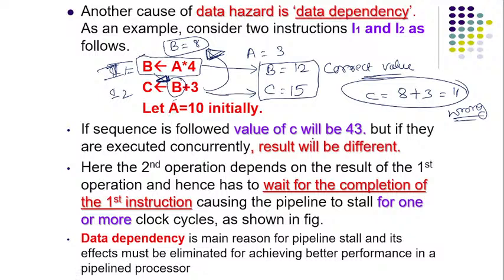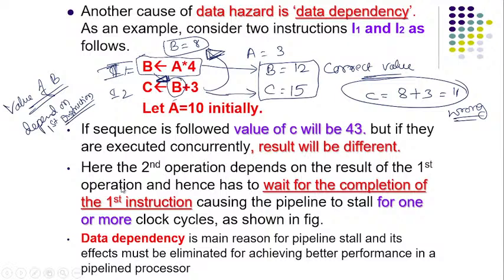B value dependent hai, right? The value of B depends upon the first instruction. Okay. So here causing the pipeline to stall for one or more clock cycles.